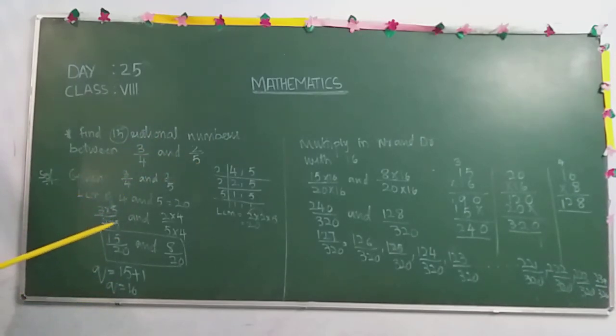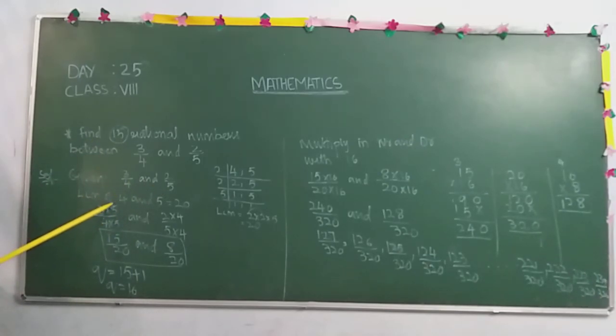First step, here only one step is extra compared to the previous problem. So what is that step? Yes, first we need to make the denominators the same, because the denominators here are different. In the previous question the denominators were the same, it was equal.